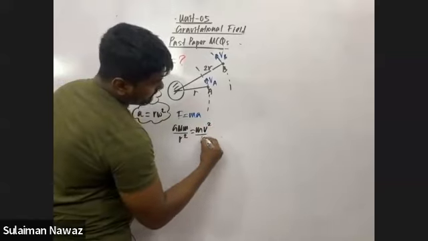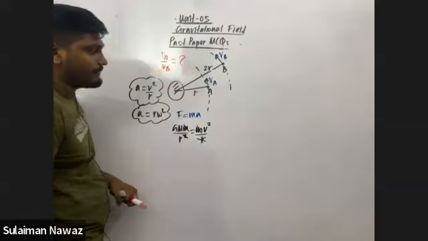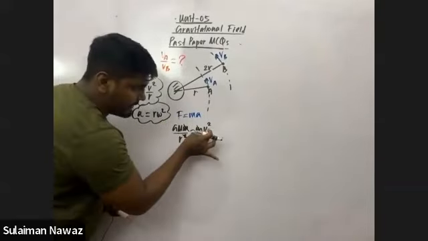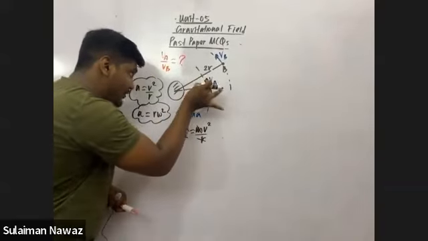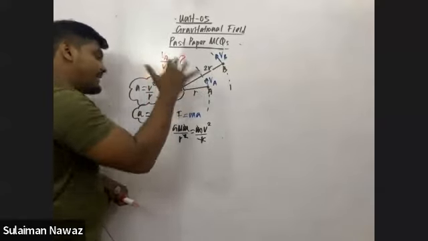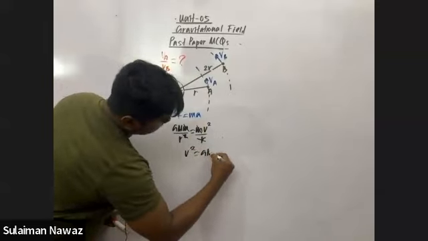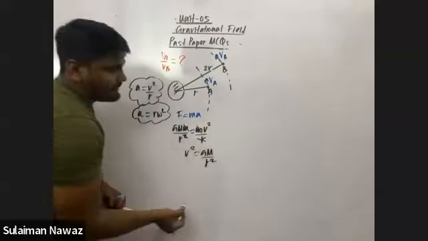So V squared over R, one R cancels out, simple M cancels out. That means the tangential velocity of an object moving around a mass in an orbit can be obtained by V squared equals G capital M over R squared.